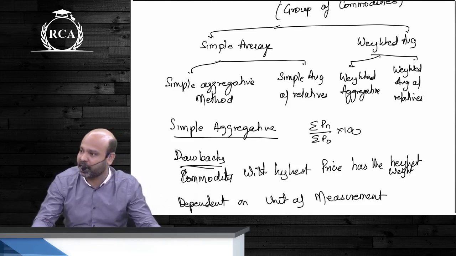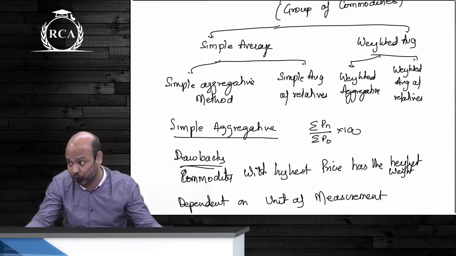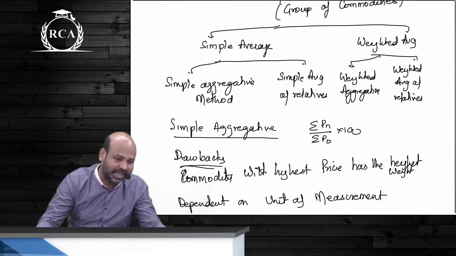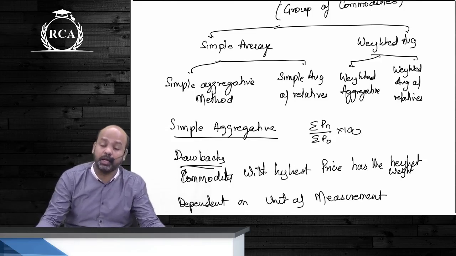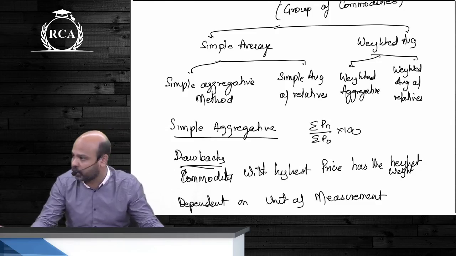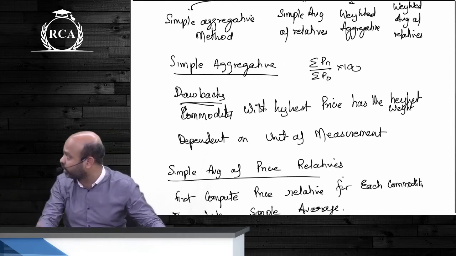Instead of taking the price of 1 gram, if I take the price of 1 kg, automatically the index number is going to change. Next, though there are no weights assigned, the product with a higher price automatically will have a higher influence on the overall index number. Are we clear about this? This was the drawback of simple aggregative.